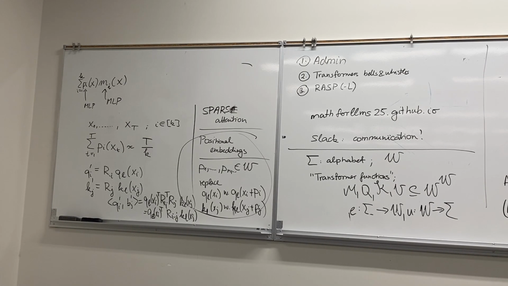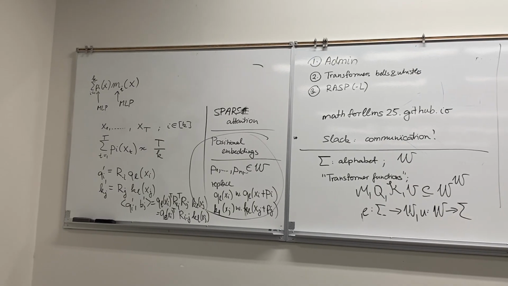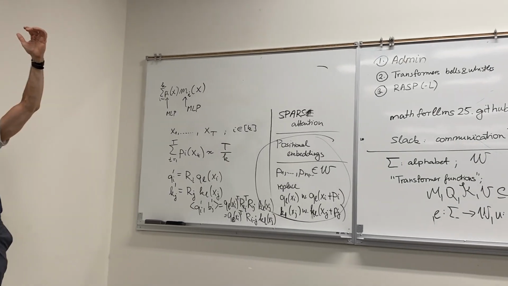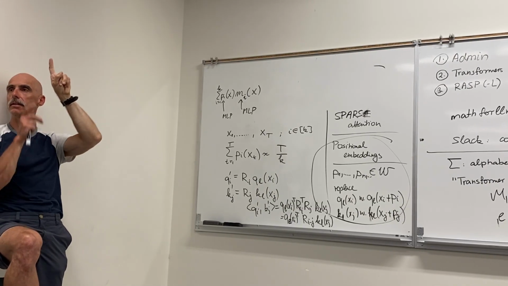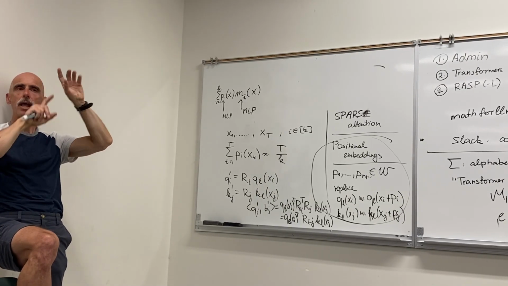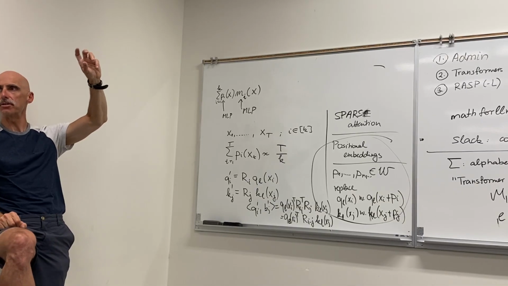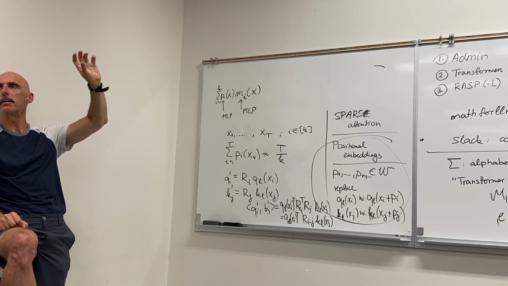I was asking about how rotations are done in higher dimensions. There are no high dimensions here. You have a d-dimensional vector, and you chop it up into d over two two-dimensional vectors. Now you think about the two-dimensional vectors and the inner product between them. For every two-dimensional vector, you apply a different amount of rotation.